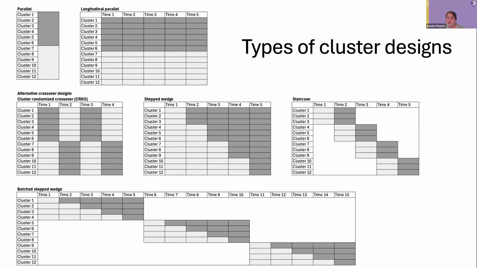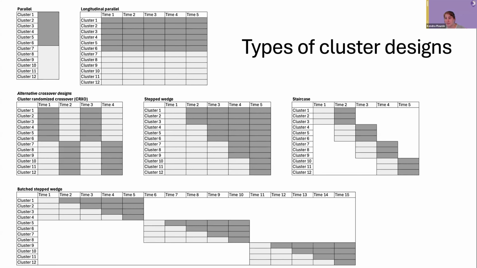So a standard crossover design where you actually switch back and forth between treatment arms. Stepped wedge, where you can see that you have this progressive crossover to the intervention until at the very end, all clusters are receiving the intervention. And you can see where that name comes from because it looks like the steps. And then a staircase design, which is a more efficient type of stepped wedge design.